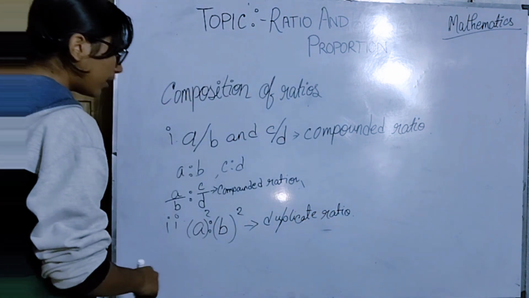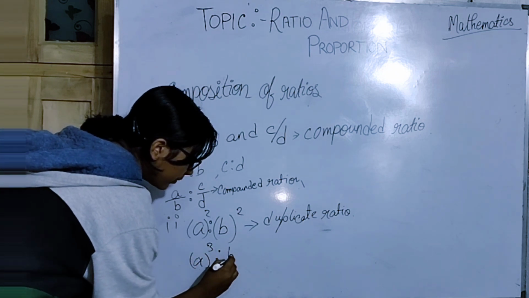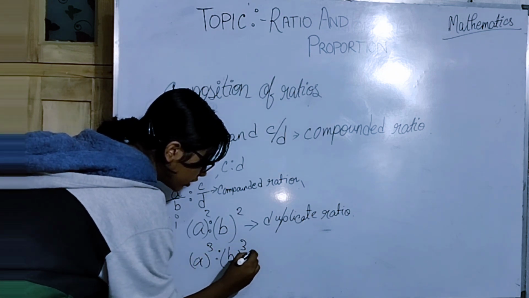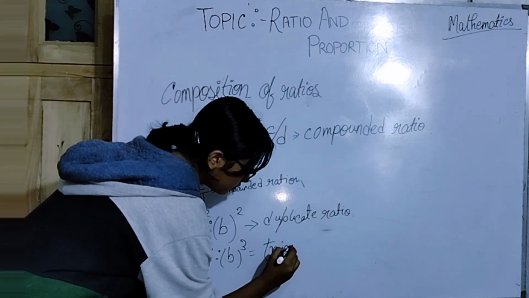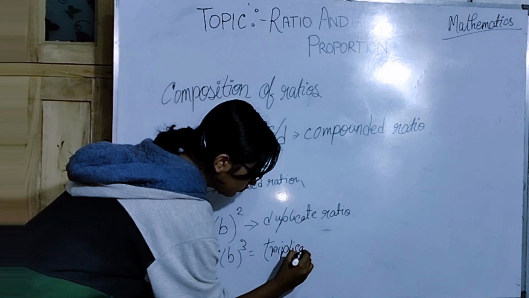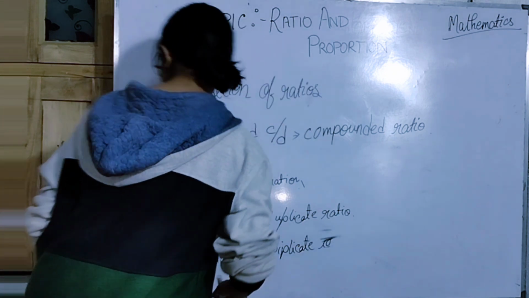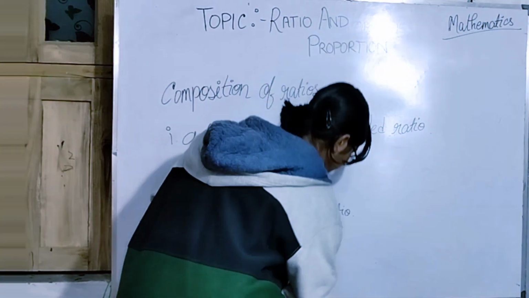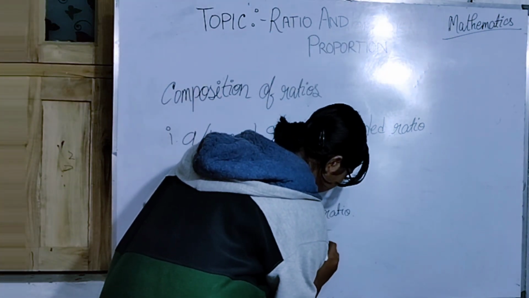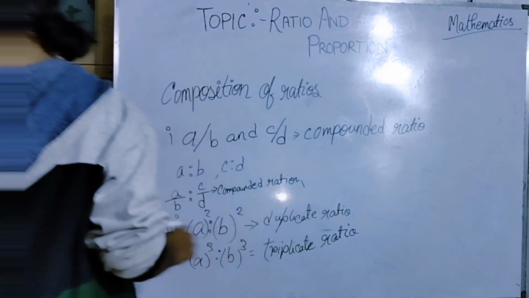Now what if you make cube of itself? It will not be called duplicate ratio. It will be known as triplicate ratio. And this goes on.